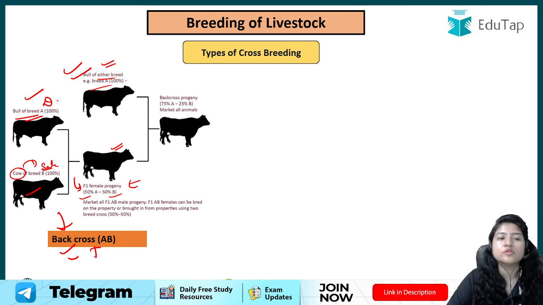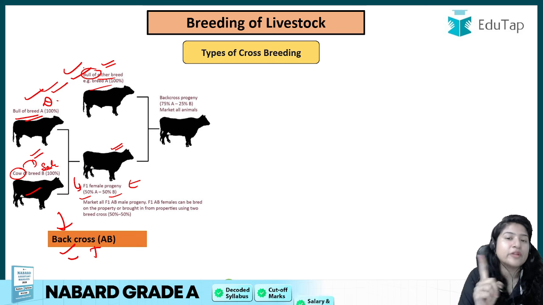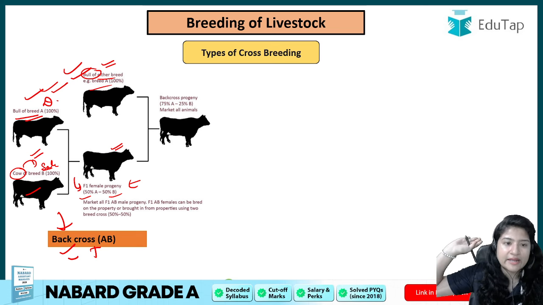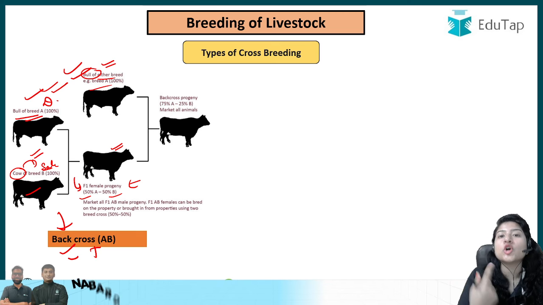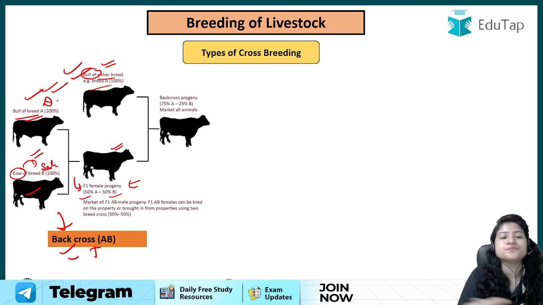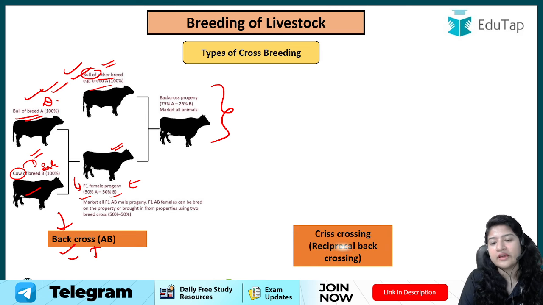Now the bull we take again, it can be of Deoni also, it can be of Sahiwal breed also. Please keep in mind we are not saying same parent. If it were the same parent, this would have been the category of inbreeding, right? But what we are studying is crossbreeding. So here it's not compulsory that the same parents or same breeds must be used. And then we will have the back cross progeny. So that is your back cross, and third we have criss crossing.